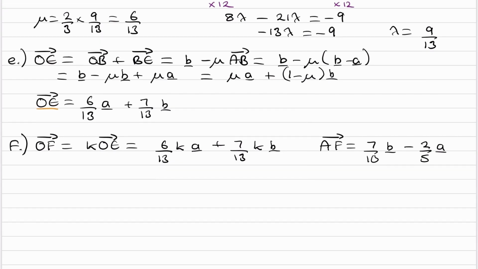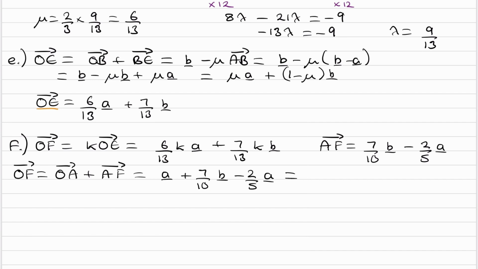So, another way that we can write OF is O to A plus A to F. This is then equal to A, that's what OA is, plus A to F. Simplify this gives us 3 over 5A plus 7 over 10B.